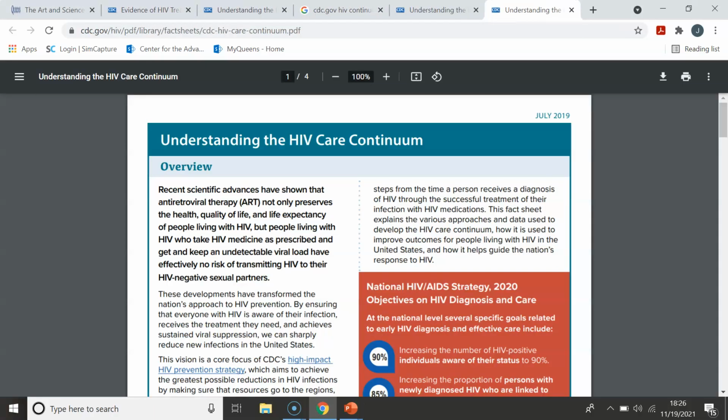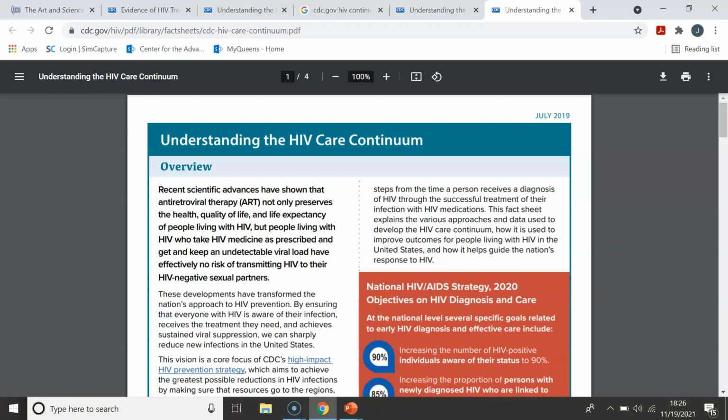Here, as you can see from the fact sheet, it will tell us about the ART therapies, and that again, with the development of these ART therapies, it has transformed the way we have approached HIV prevention. This vision is a focus core of the CDC's high-impact HIV prevention strategy.